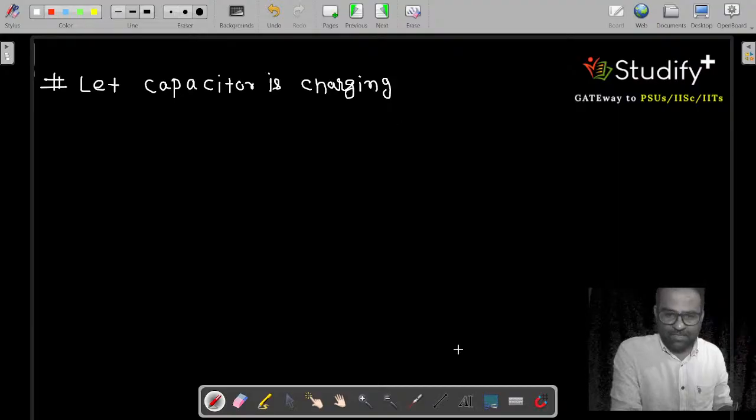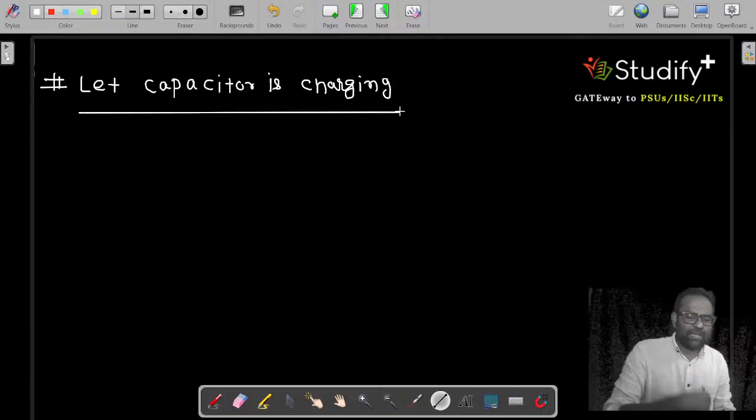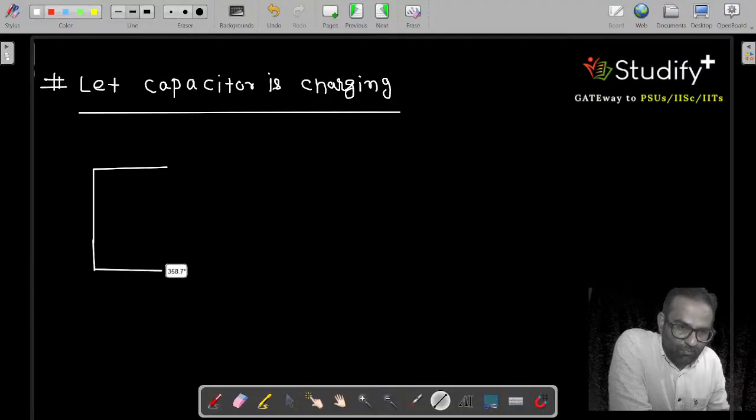That means the capacitor is connected to some source via some network, but we are taking the extreme case that it is directly connected to some source.